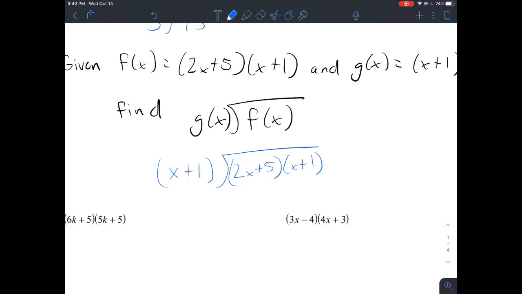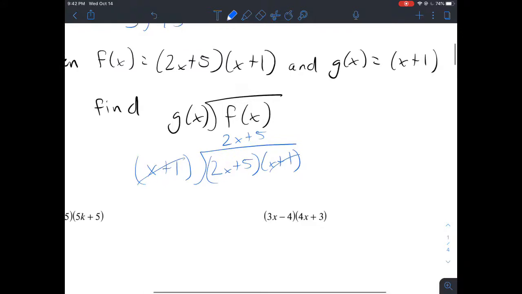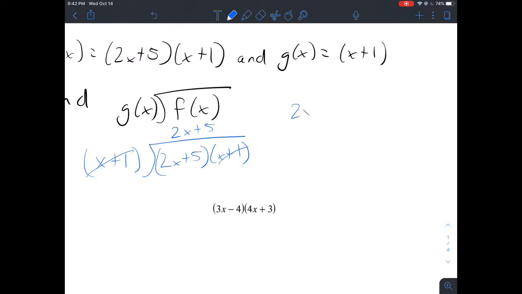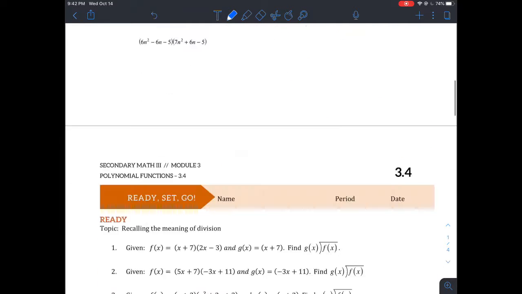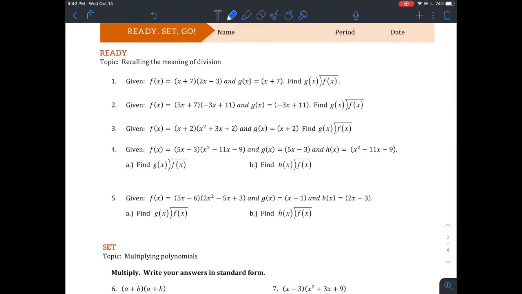So these two will cancel and we'll be left with 2x plus 5. Again, another way to think about it is if you had 2x plus 5, x plus 1 divided by x plus 1, those cancel and you are left with the 2x plus 5. So keep that in mind. That's going to help with 1 through 5.